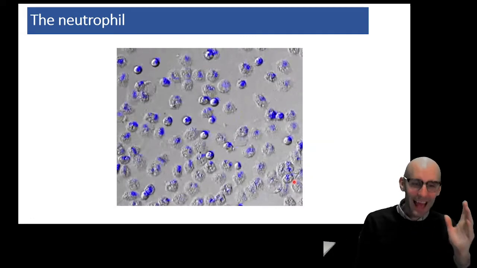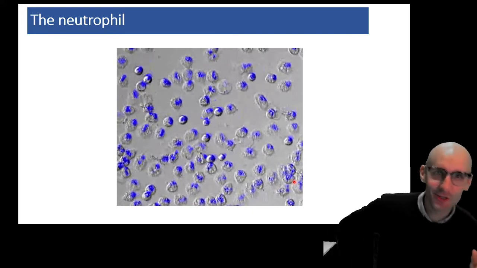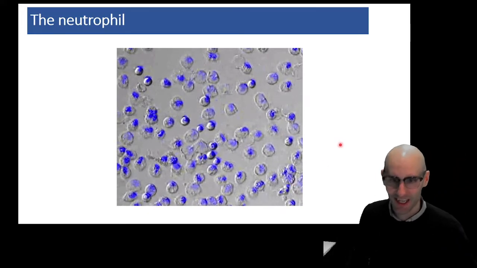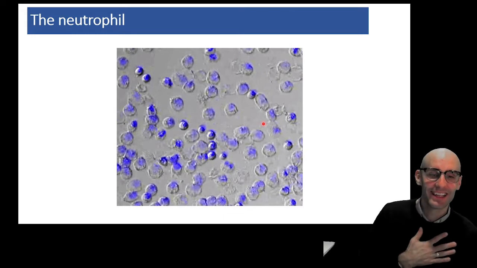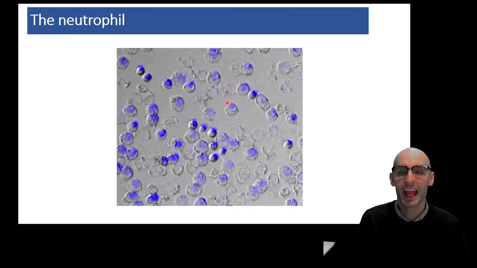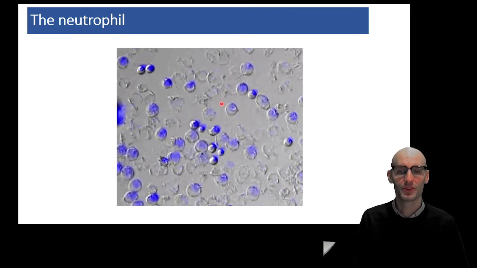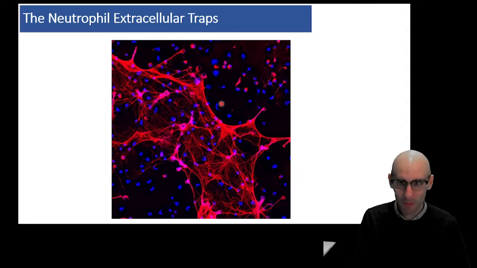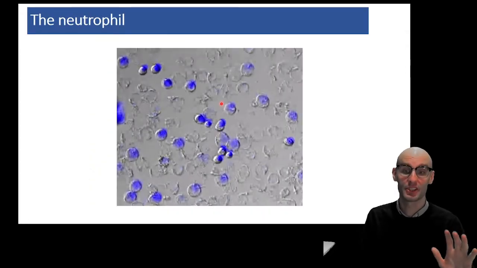But here's another thing neutrophils do. If you didn't think neutrophils were cool, you will after this, right? These are my neutrophils. These are literally my neutrophils, and they're undergoing a process called NETosis. Now, I think I'm just going to describe NETosis.